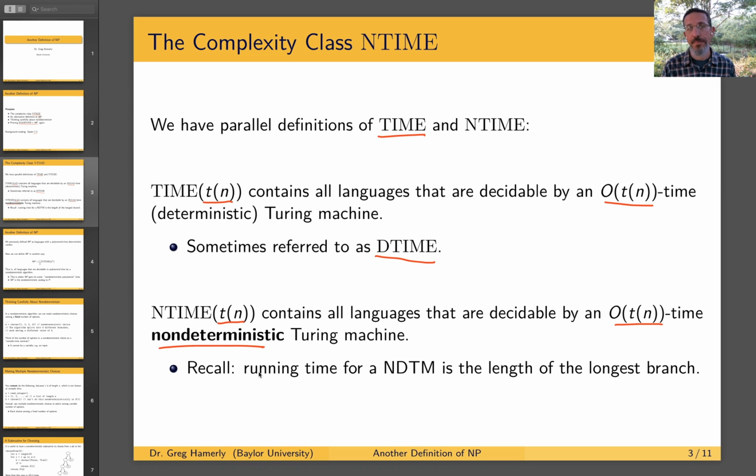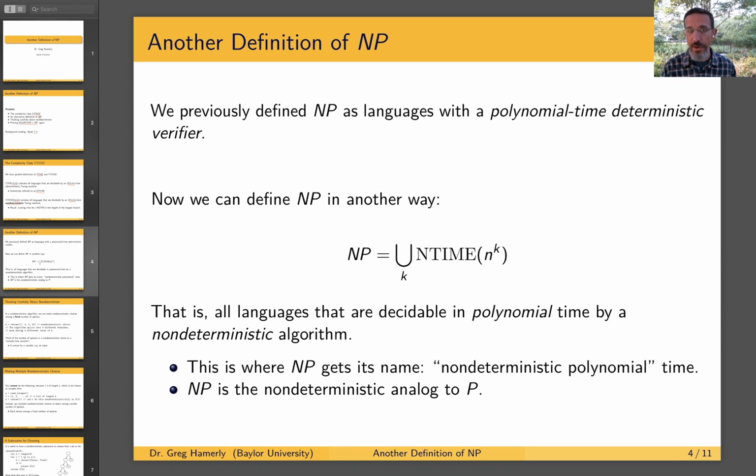So, given this new definition of NTIME, we can use it to define NP in a new way. Previously, we defined NP as languages that have polynomial-time deterministic verifiers. Now we have a new definition, and the new definition is NP is equivalent to a union over all k, where k is an integer, of NTIME of n to the k.